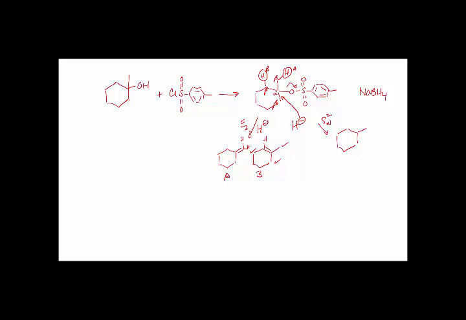For problem F, does it go under the SN1 mechanism? So problem F is where we're taking an alcohol and reacting it with HCl.